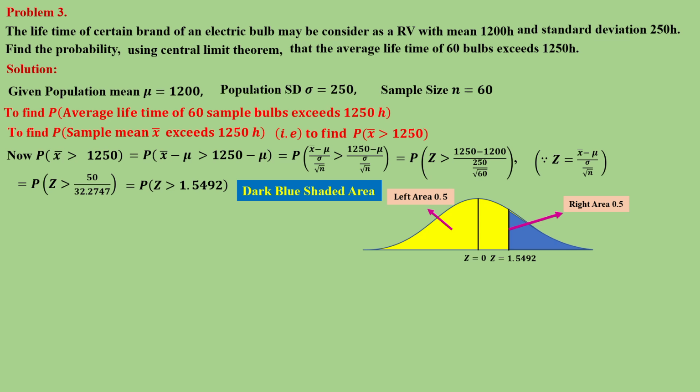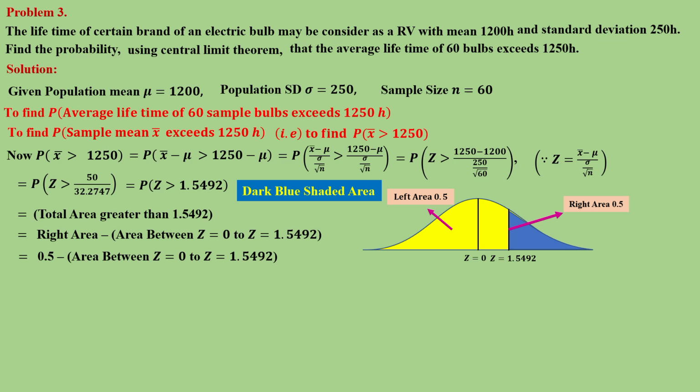so the total area to the right side of z is equal to 0 is equal to the left side of z is equal to 0. So total area greater than 1.5492 is the right area, total right area 0.5 minus area between z is equal to 0 to z is equal to 1.5492.